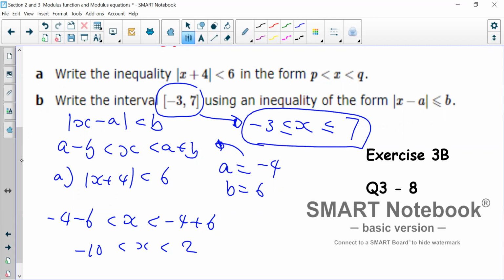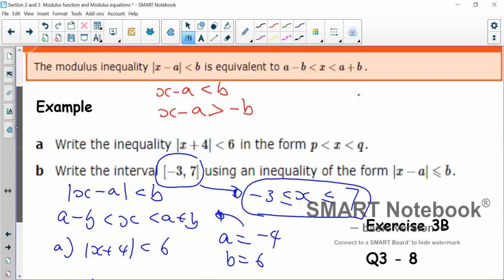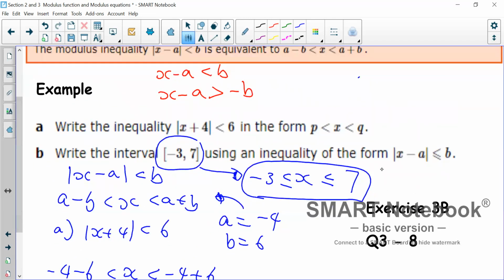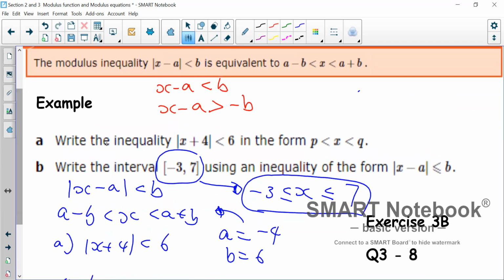Okay, so that's what this means. Right, now the next thing is we have to find, so here it says find this form, modulus of x minus a is less or equal to b. Right, so again, we could use this formula.